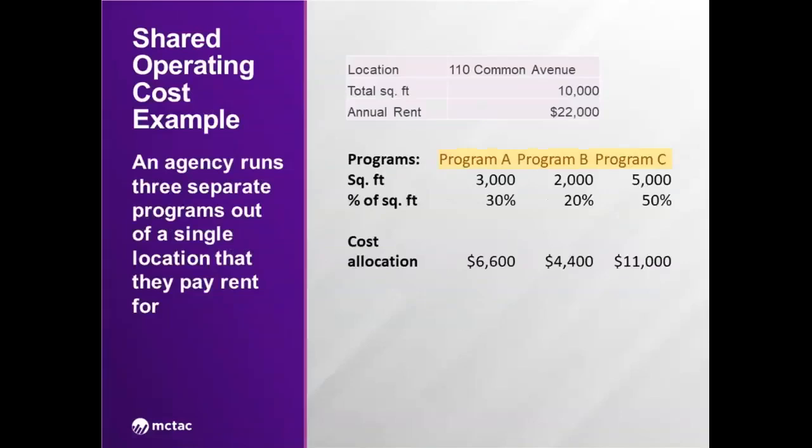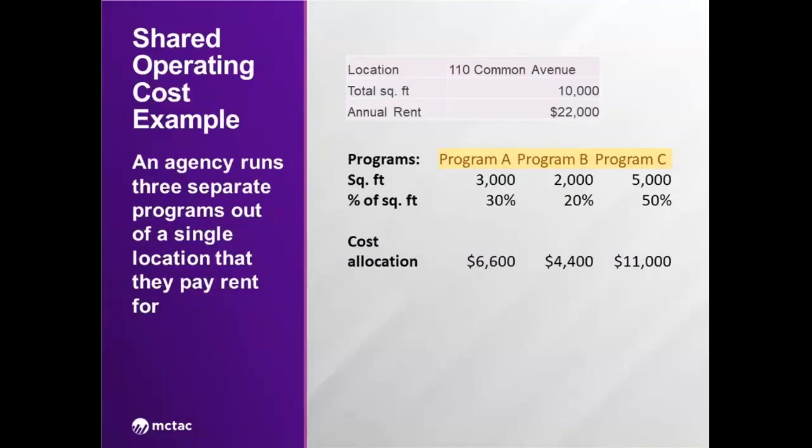So let's talk about a real quick and easy example, and this is probably an example that a lot of organizations face. You have a single location. In this case, we have a total of 10,000 square feet and an annual rent of $22,000. But three programs share that space.